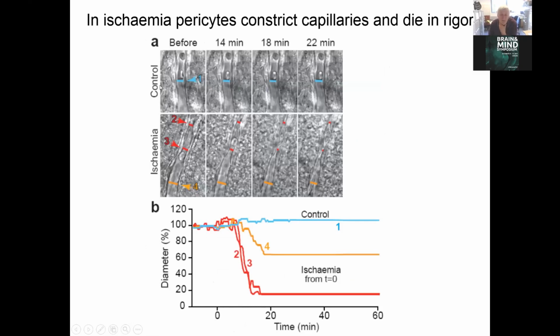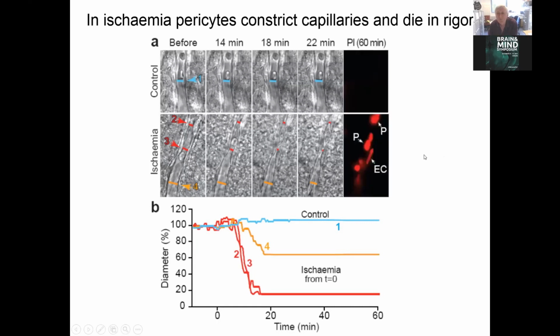If you image a brain slice capillary for a long time in normal solution, its diameter is constant. Whereas if you apply ischemic solution, then the diameter very rapidly decreases, as you can see here, just as we showed in vivo.